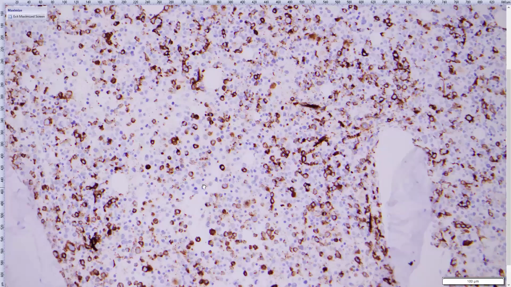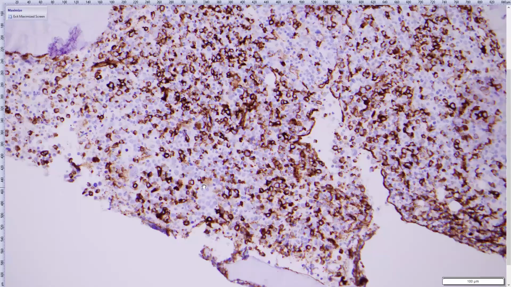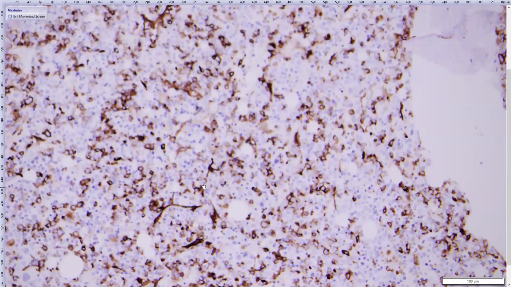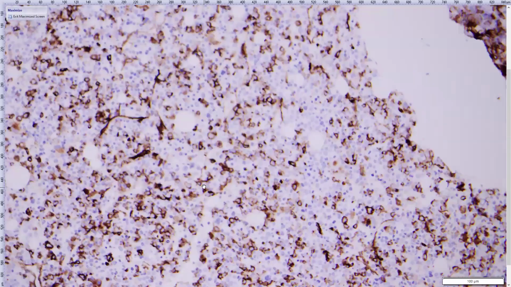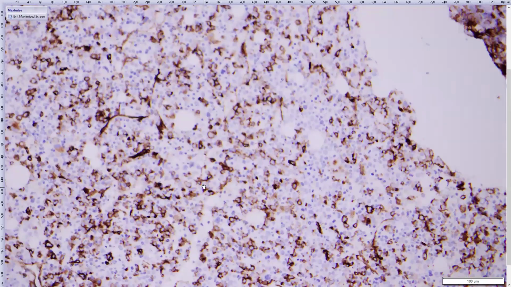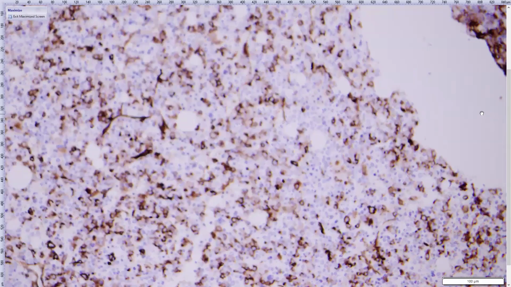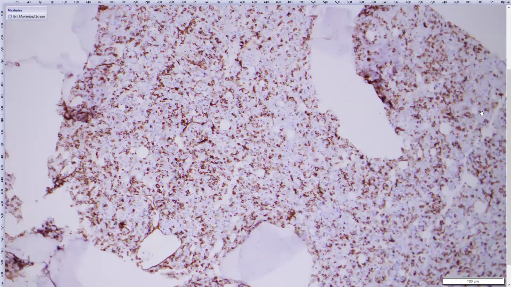It's pretty variable. We do have some areas here that are heavily stained, and other areas here that are less stained. You have to be careful because CD34 highlights vessels as well. So for example, this is a vessel here, this is a vessel, and this is a vessel here as well. And we ended up estimating the percentage of CD34 in this case as 40%.